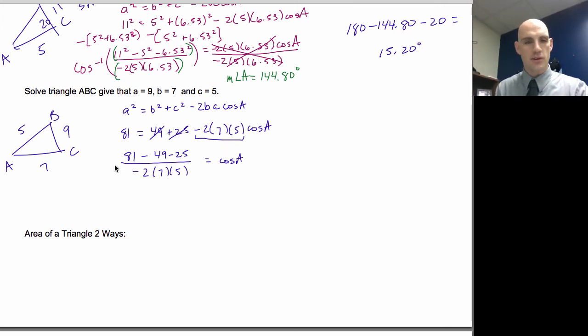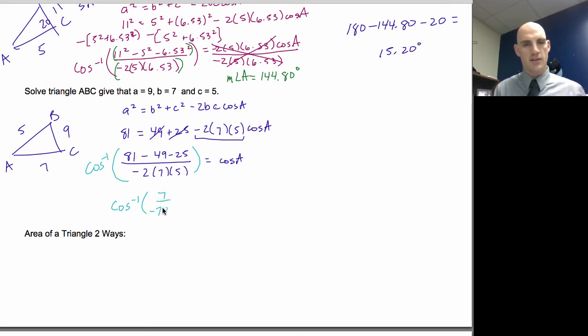So when I do this, I'm doing the inverse cosine of this whole mess. So I'll do 81 minus 49 minus 25 is 7.